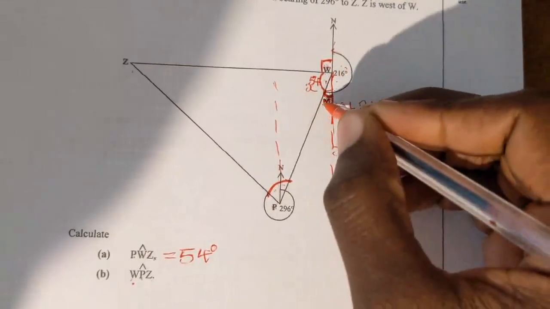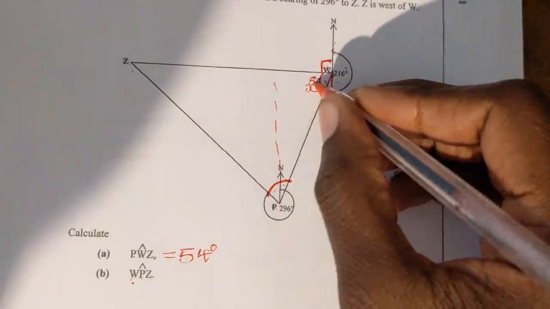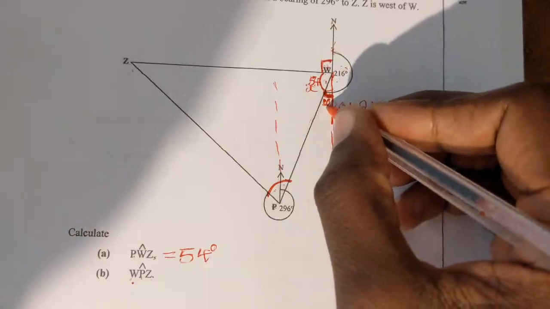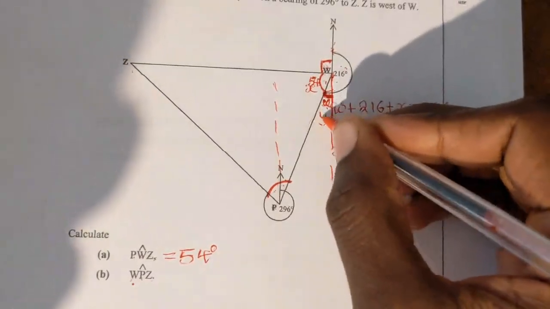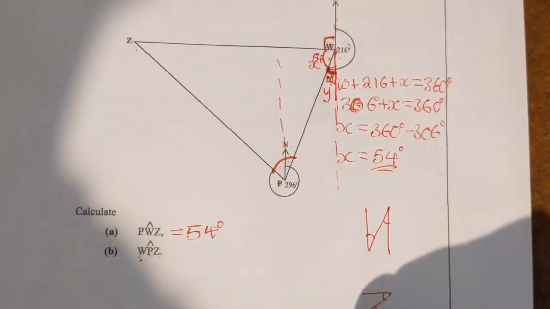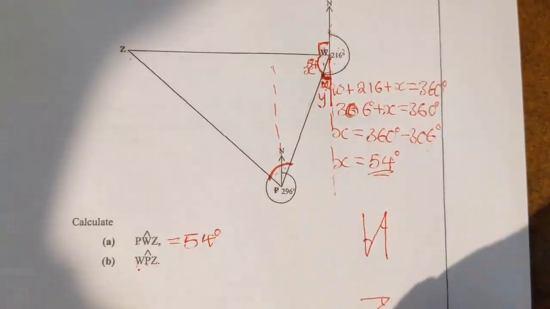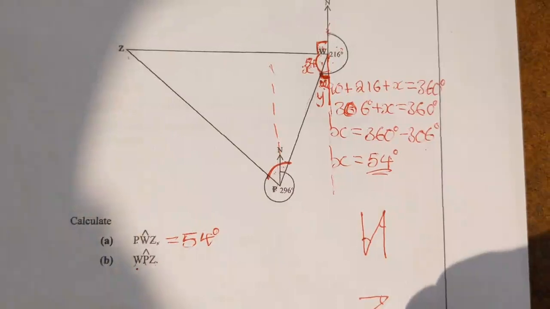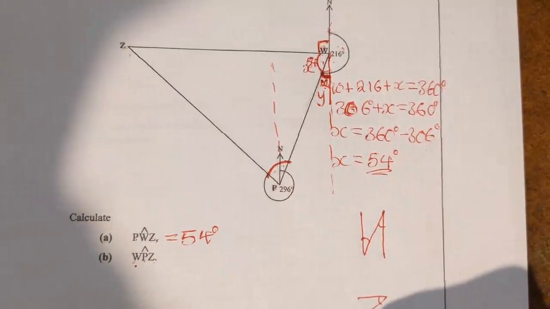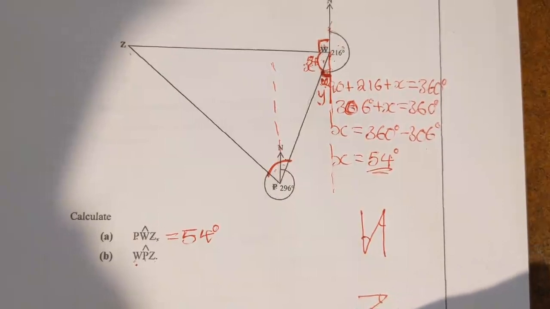You should know that. So we need to find y first. We say y plus 54 plus 90 degrees is equal to 180 degrees. When you add 54 and 90, this is going to give you 144.